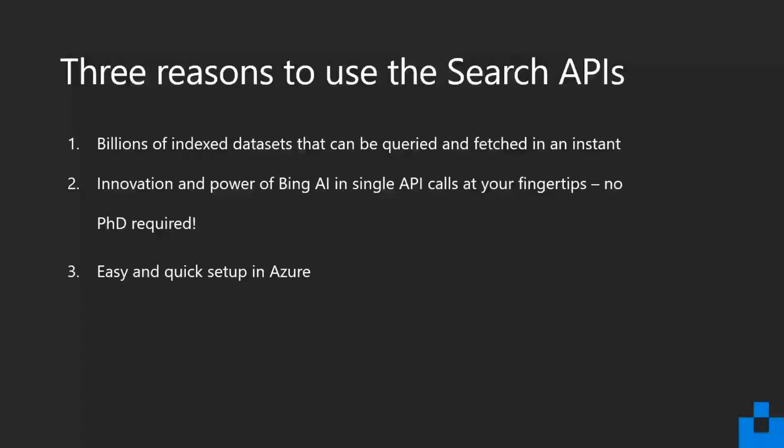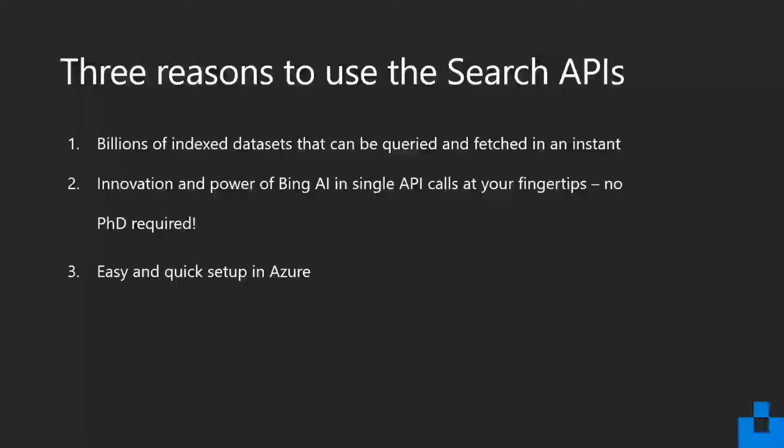Before we move into the detail of the 3 APIs that we're going to look at, from a developer's perspective, some of the key reasons why you might want to use these search APIs is because, in my opinion, a lot of the heavy lifting has already been done for you. Consuming these APIs is relatively straightforward.